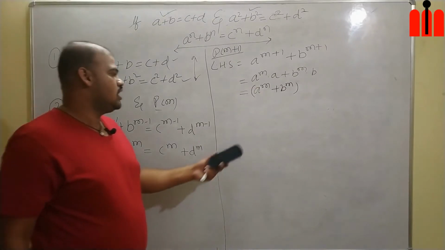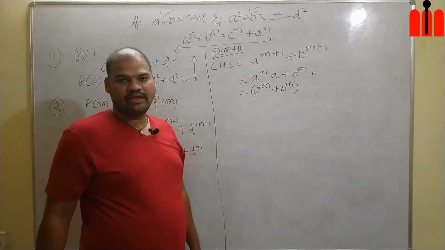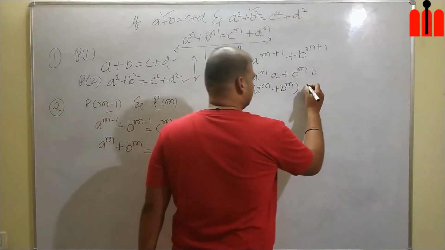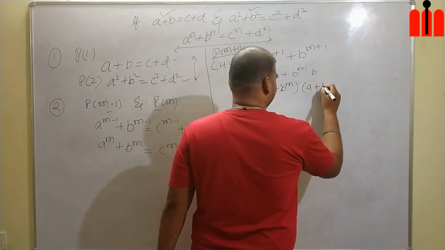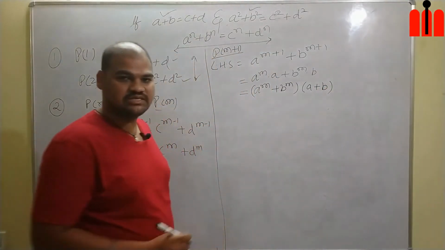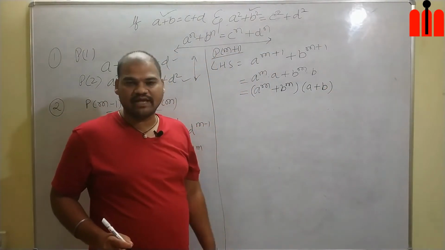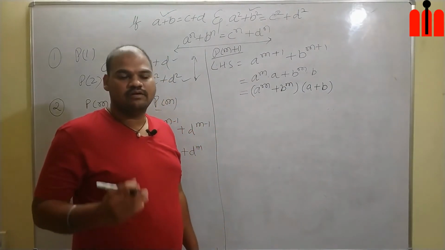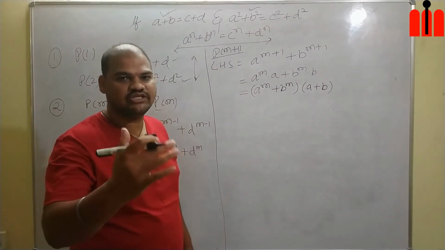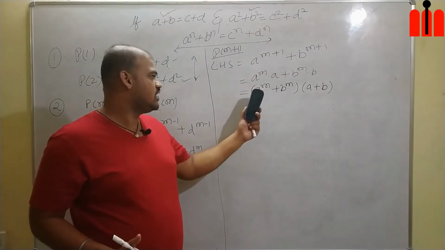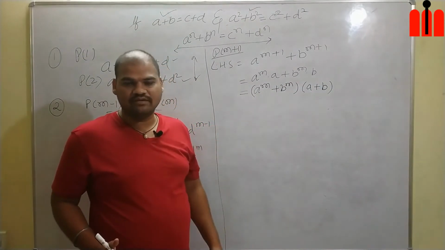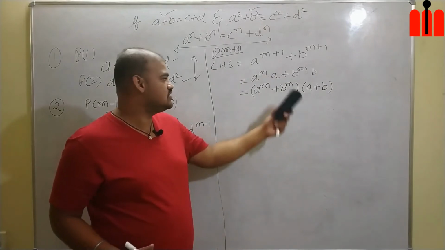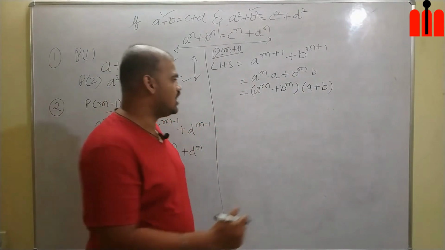Now a to the power of m is multiplied by a and b to the power of m is multiplied by b, so I will write it as a plus b. By this, a to the power of m is multiplied by a and b to the power of m is multiplied by b. There will be some further residual steps in this. What are those? A to the power of m multiplied by b, which is not there here, and b to the power of m multiplied by a, which is also not available in this step. So I will subtract those two.